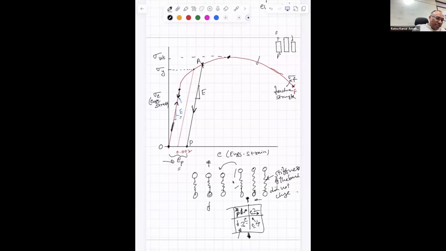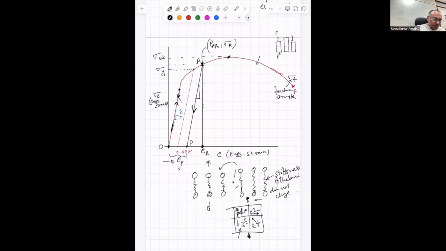But initially at point A, the strain is represented by the strain corresponding to point A, sigma at point A. This is my strain at point A. That is the stress state of strain.